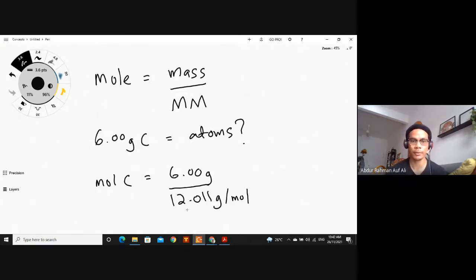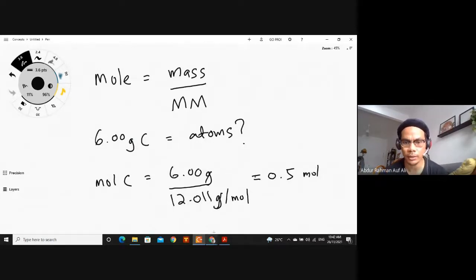So this is the reason why when you do this calculation, you will get basically 0.5. Grams divided by grams cancel, so what is left is mole. So the answer is 0.5 mole.